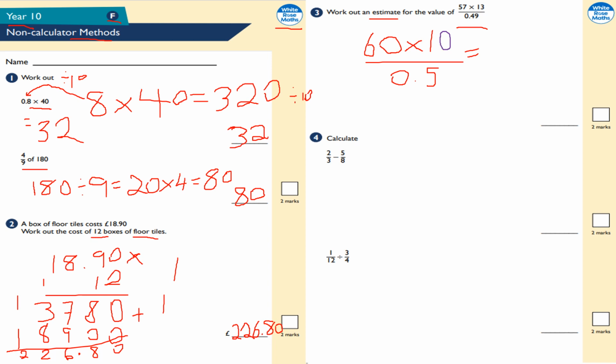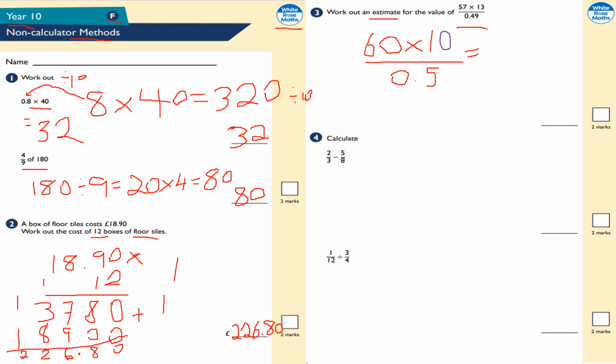That's a significant figure. So I rounded 57 to the nearest 10, I rounded 13 to the nearest 10, so I get 1 sig fig as my answer, and then I rounded 0.49 to 1 decimal place, because 0.49 to 1 significant figure is 0.5, which is rounding to the nearest tenth.